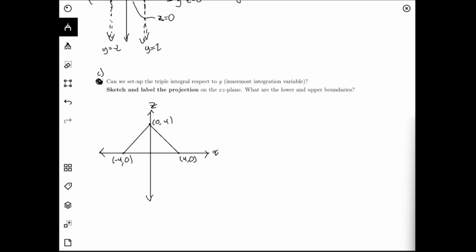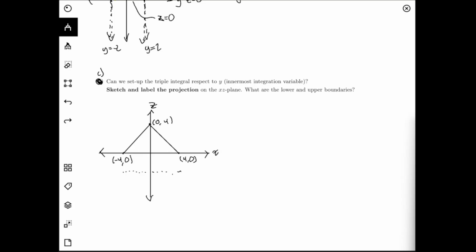So here's where we need to decide which is going to be our outermost variable. If we make x our outermost variable, then as we go across from x, we run into 2 different functions. And that's not what we want.